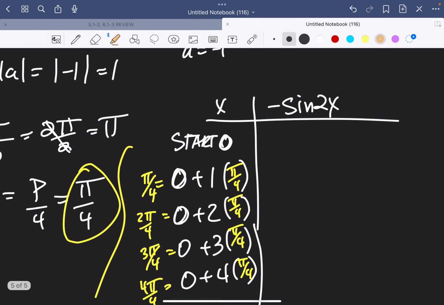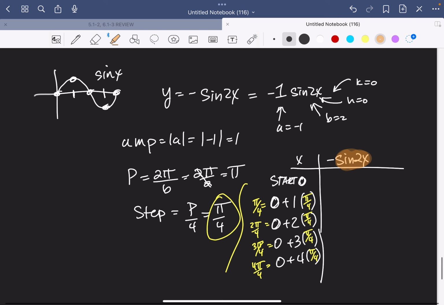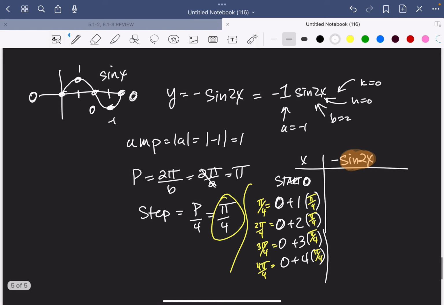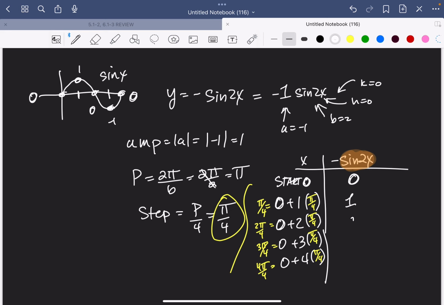So now if sine gives my old outputs, again, we said that my old outputs are 0, 1, 0, -1, and 0.